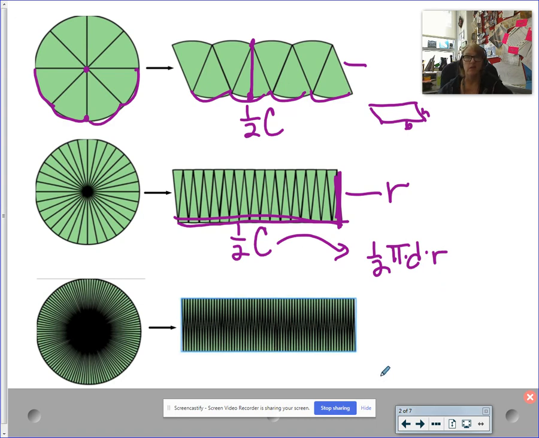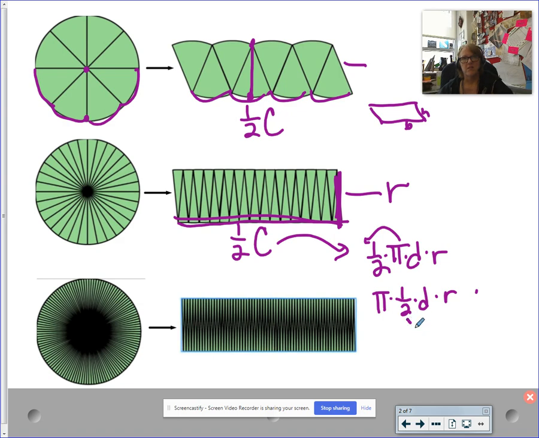Well, that's kind of clunky, let's be honest. Since I know that I can multiply in any order and still get the same answer, I'm going to keep 1/2 in front, throw pi in front, and then I have 1/2 times the diameter times the radius.